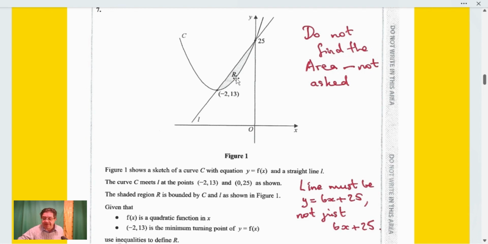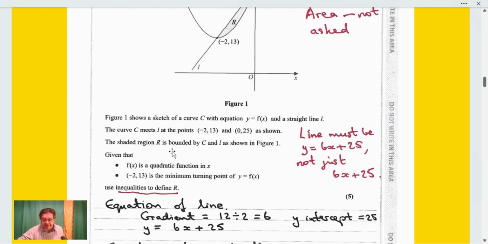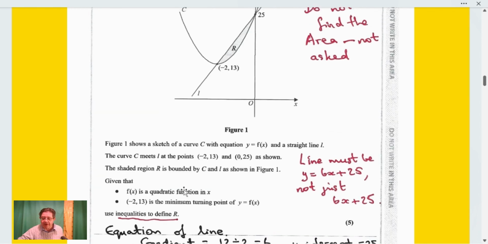Now, seeing this, we might immediately think we're being asked to find the area of R using integration, but in fact we're not here. We've been asked to do something different. We're given that f(x) is a quadratic, and (minus 2, 13) is the minimum turning point. And the question is to use inequalities to define R.